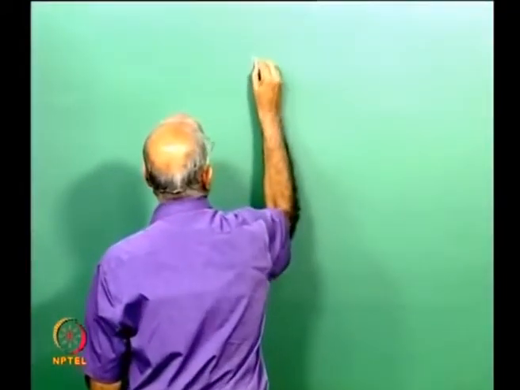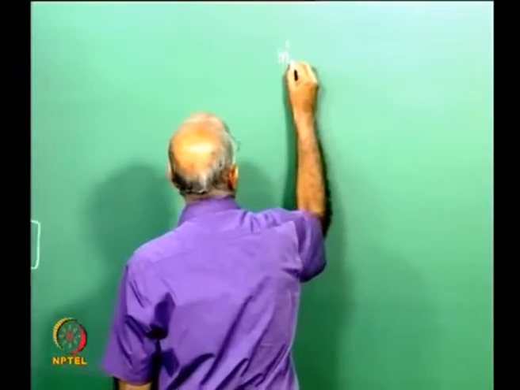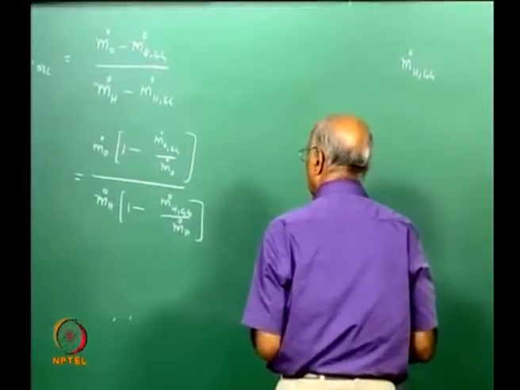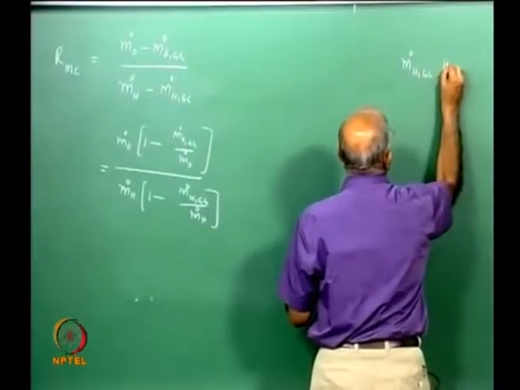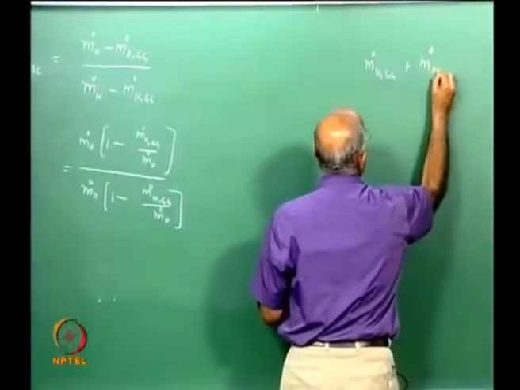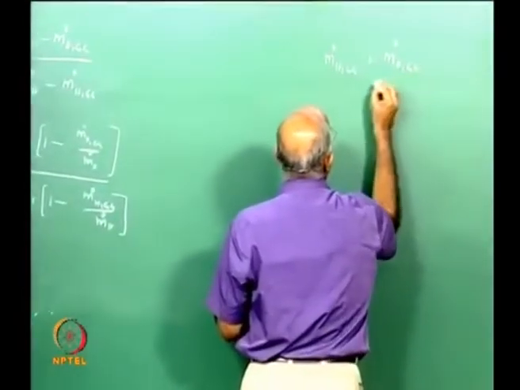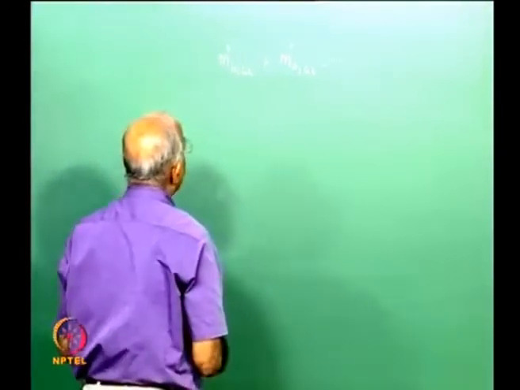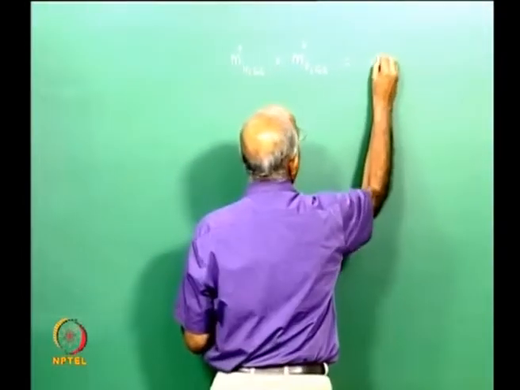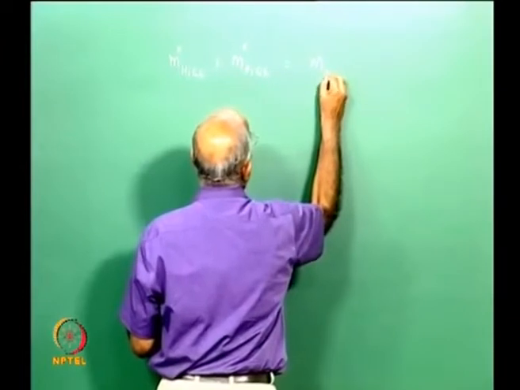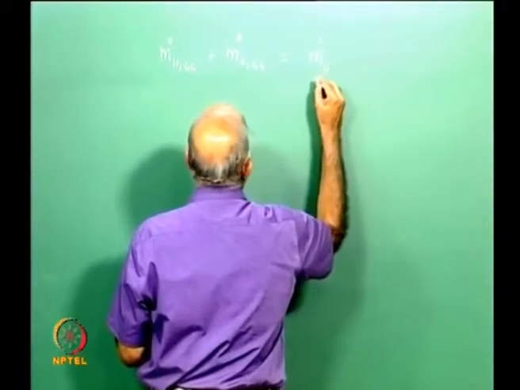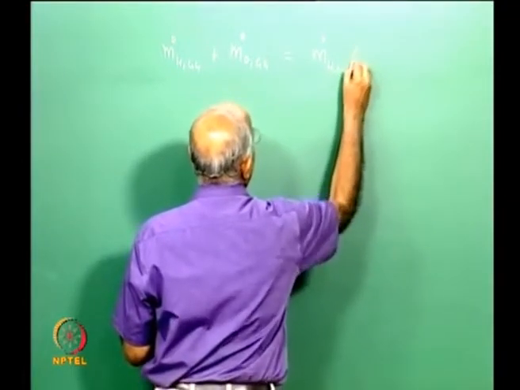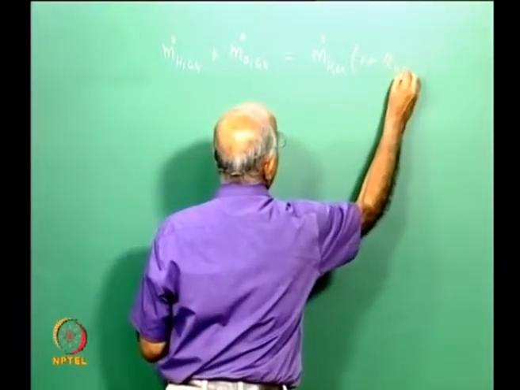Let's take a look. m dot H through the gas generator plus m dot O through the gas generator is equal to the total propellant flow in the gas generator, and this is equal to m dot H through the gas generator, let us say, into 1 plus R Gg.